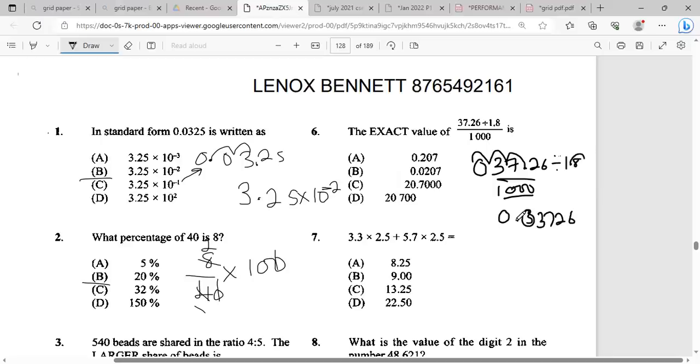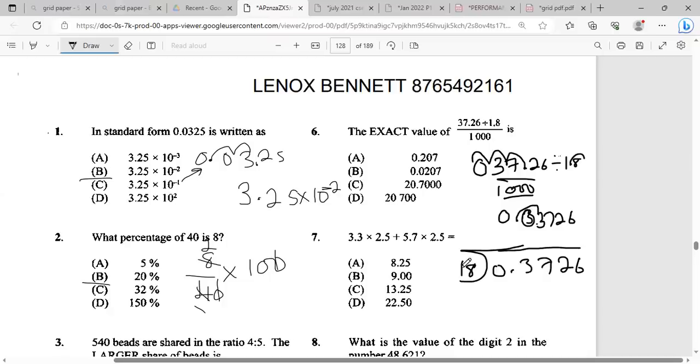So with the decimal point, I'm going to move 1 time, right? So what this means, I'm going to have 18 divided by 0.3726. So I only need to know the position of the decimal place, because as you can see, all of these numbers are the same.